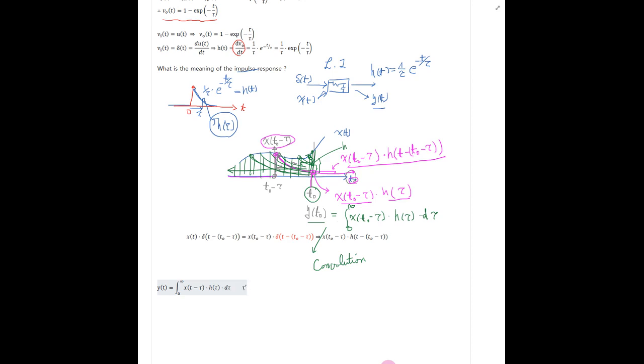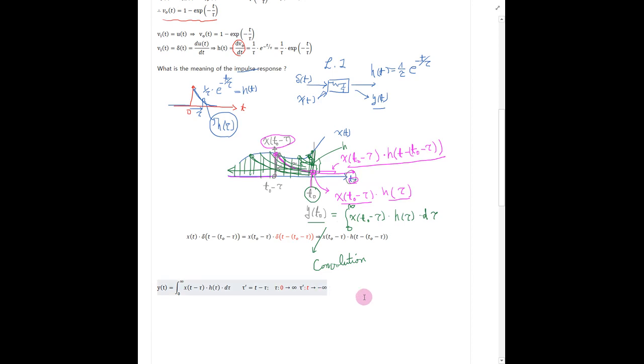Let tau prime be t minus tau. Then, as tau changes from 0 to infinity, tau prime changes from t, where tau is 0, to minus infinity, since if tau goes to infinity, tau prime goes to minus infinity.